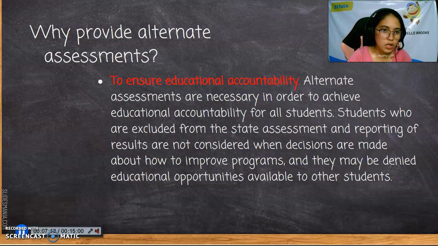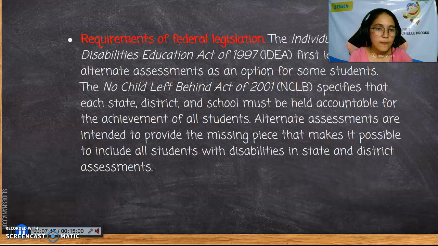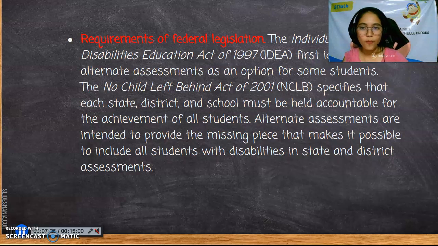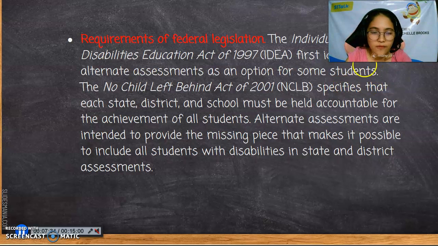Next, we provide alternate assessments because of the requirements of federal legislation. This is just based on my research. The Individuals with Disabilities Education Act of 1997, or IDEA, first identified alternate assessment as an option for some students.